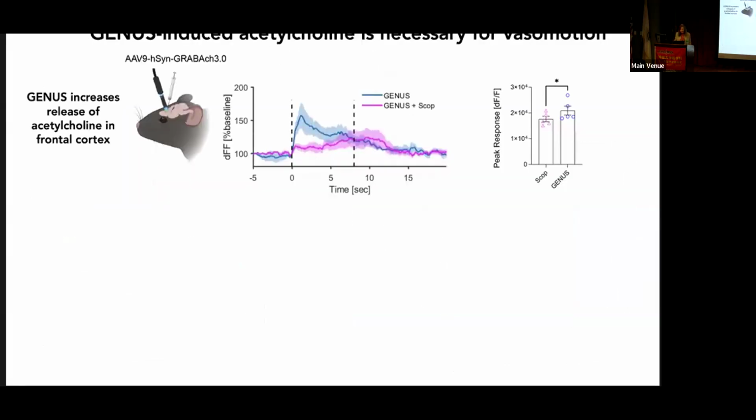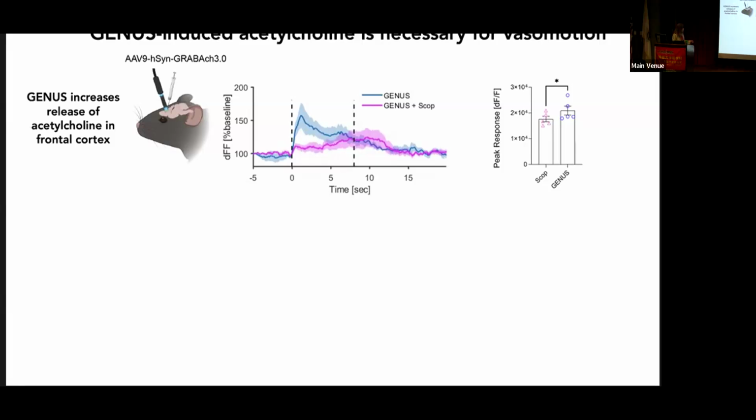And the increased c-Fos positive neurons is associated with increased acetylcholine signal. Here we got the GRAB sensor ACh 3.0 from Yulong Li at Peking University, and we used fiber photometry to look at acetylcholine signaling. You can see that with stimulation, you see a peak of cholinergic signaling.